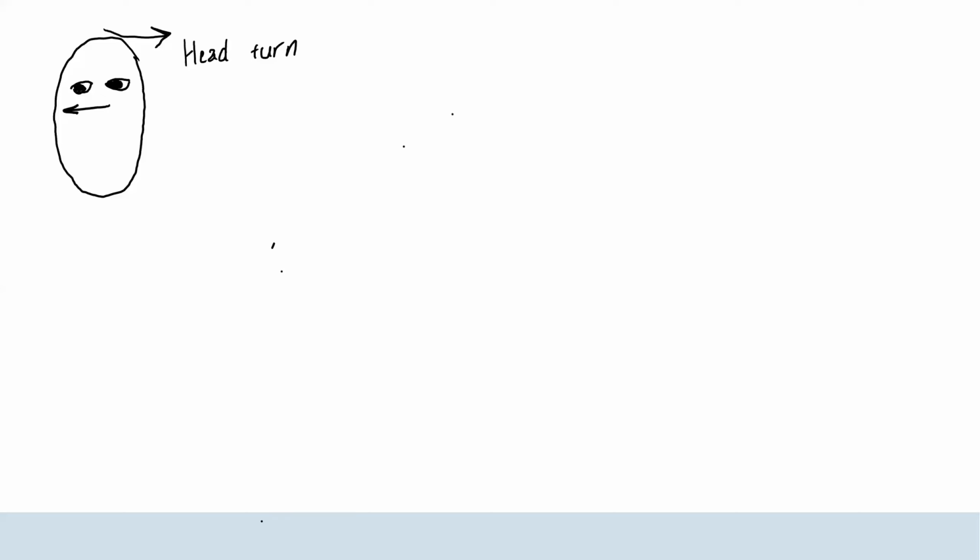Okay? So what happens is that the cochlea, which is this snail-looking feature, on the contralateral side to where I'm turning.